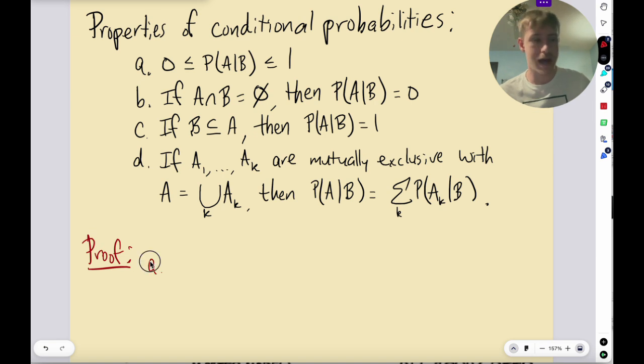Okay, so for part A, all we have to do is note that A intersect B is a subset of B, right?